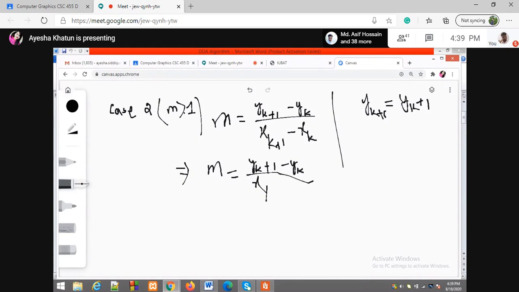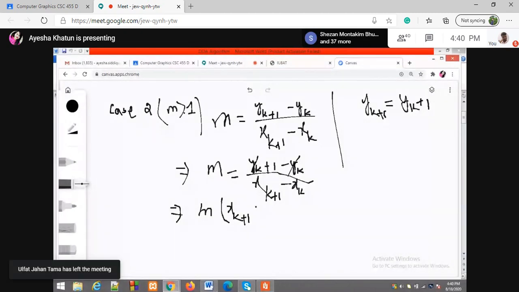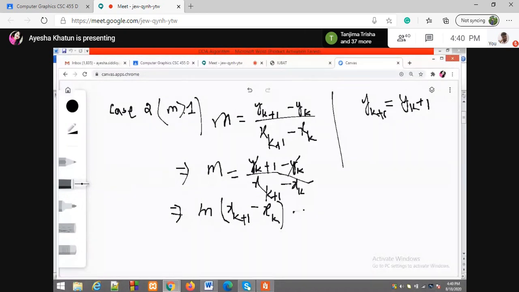But we have xk plus 1 minus xk. So this yk will be cancelled, and then do the cross multiplication. Then we will have m into xk plus 1 minus xk equals 1.